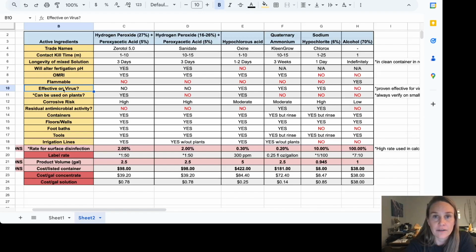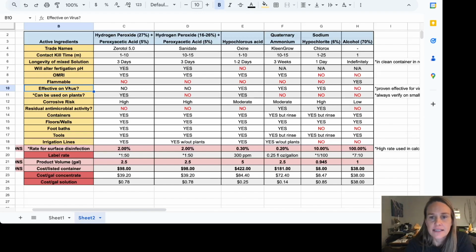Now this is a super important one, specifically talking about HLVD. Either of the peroxide solutions do not work against HLVD. So if this is something you are desperately trying to lower in your own greenhouse, or maybe just completely avoid, and you're adding a sanitizing agent to tools or whatever, it's important that you realize your xylitol and your Sanidate are not going to help you with that duty.